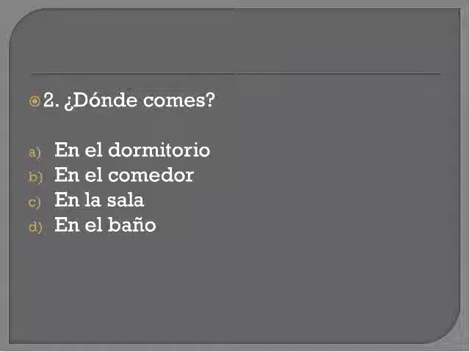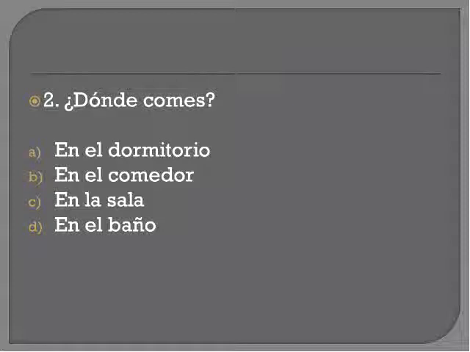Okay. ¿Dónde comes? This comes from the at home vocabulary. What's comes? Comes from the verb comer. What's comer? To eat. Okay, so where would you eat? I hope not in the bathroom. That would be pretty gross.